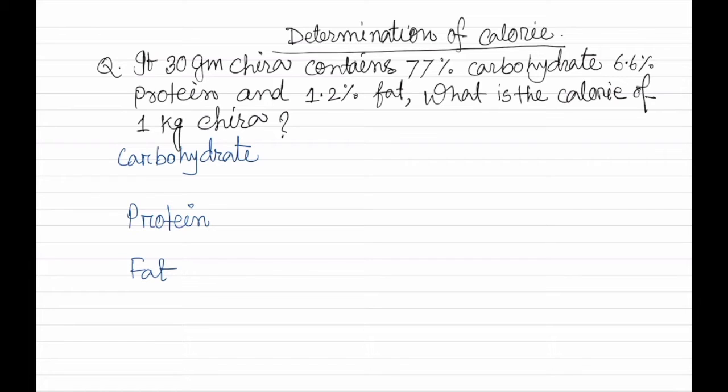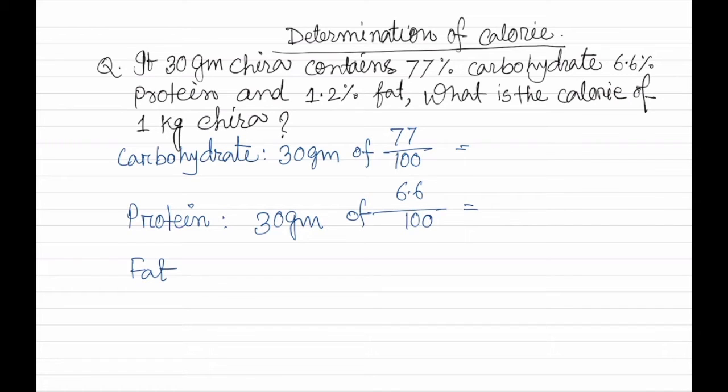So carbohydrate will be 30 gram of 77 divided by 100. In this way, protein is 30 gram of 6.6 divided by 100, and fat is 30 gram of 1.2 divided by 100.